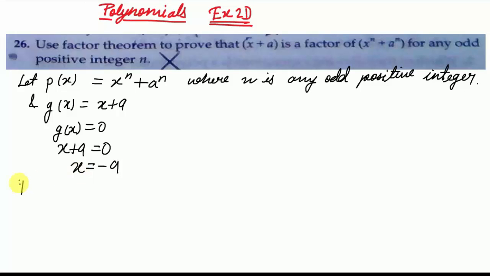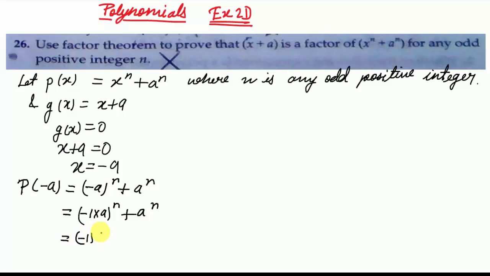So p(minus a) is obtained by replacing x with minus a. If x plus a is a factor, then the value of p(minus a) should be 0. So (minus a) raised to the power n plus a raised to the power n, and this can be written as (minus 1) raised to the power n into a raised to the power n plus a raised to the power n.